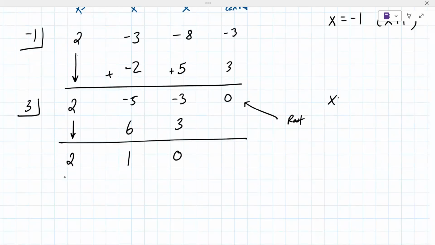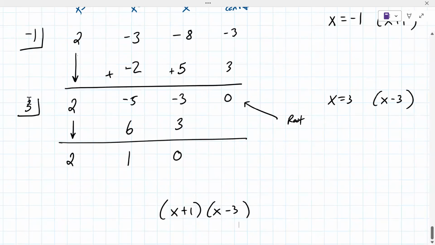So this is x equals 3. That corresponds to x minus 3. So far we have the factors x plus 1 and x minus 3 from these two here. And then this right here becomes 2x plus 1. We would need another lesson to know why, but we'll just go with it.